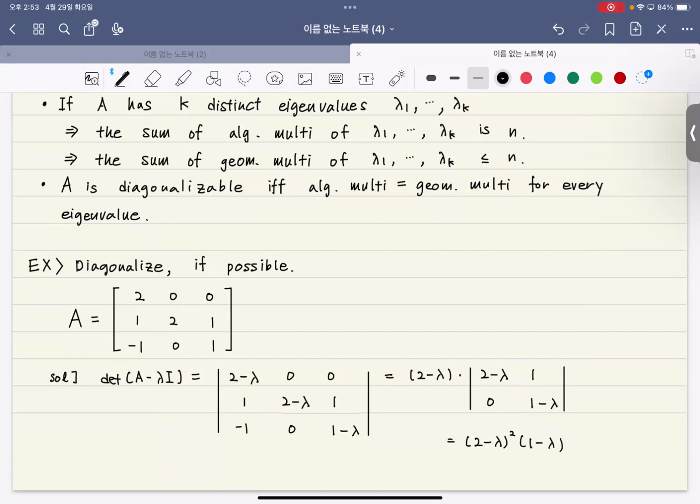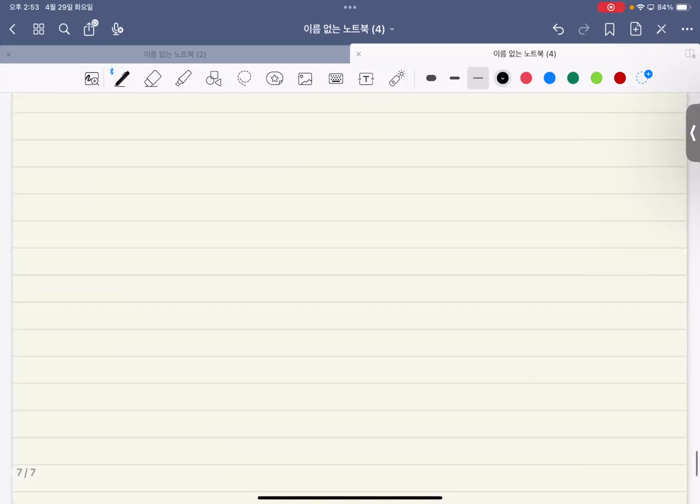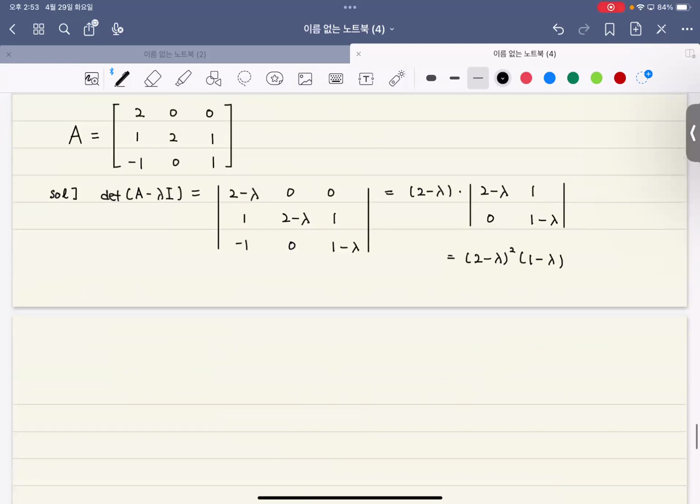So this is the characteristic polynomial. So I have two distinct eigenvalues, 2 and 1.